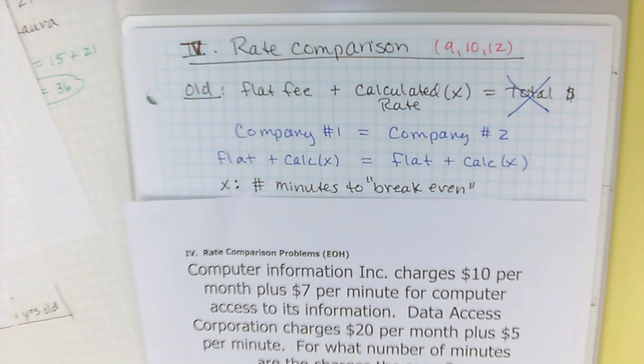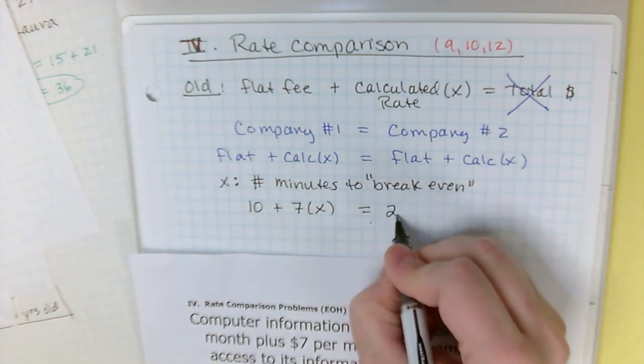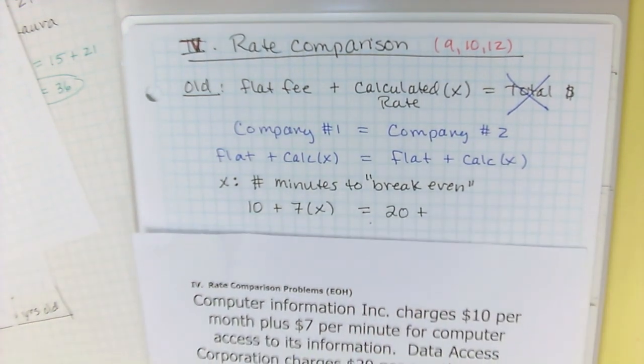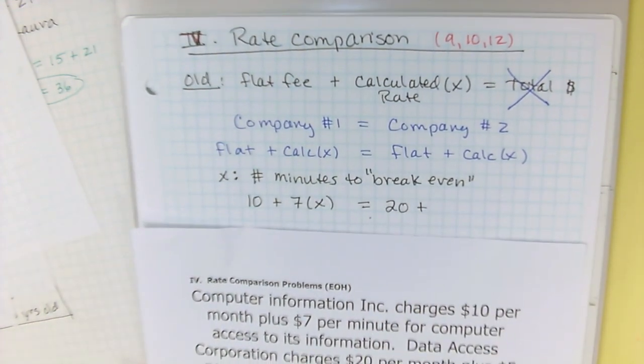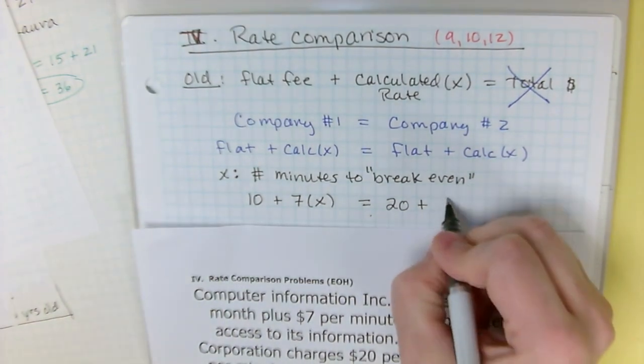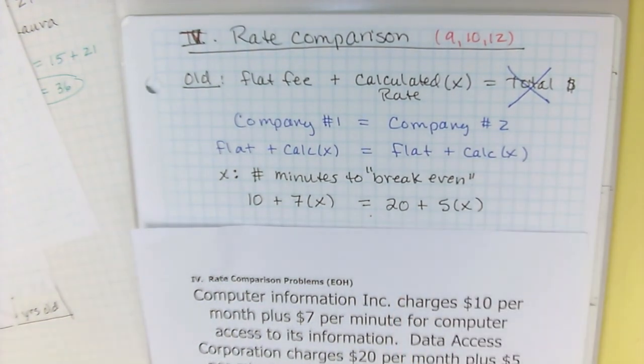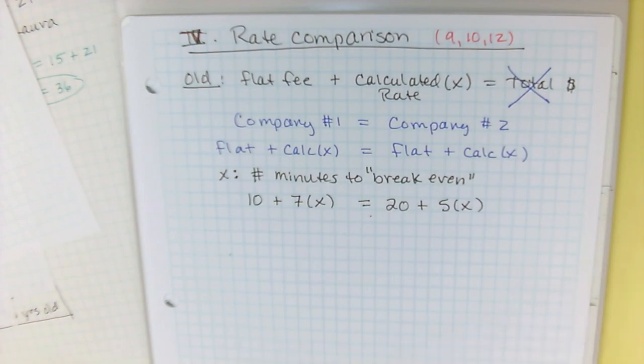Data access charges $20 a month, which is more, but it only charges $5 per minute. So it's less of a fee per minute. So logically speaking, if you're only going to use a low number of minutes, you're going to want the $10 flat rate. If you're going to use a lot of minutes, you're going to want the $20 flat rate because the per minute charge is less. Nod your head if that makes sense.